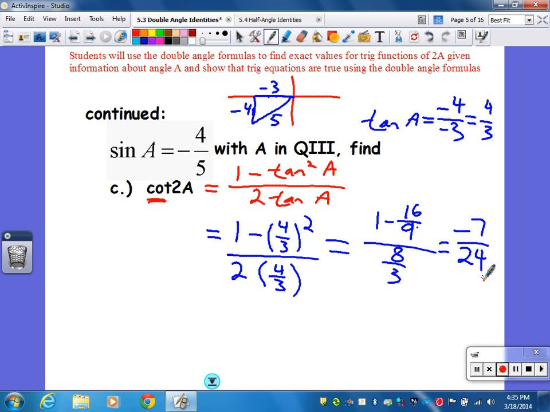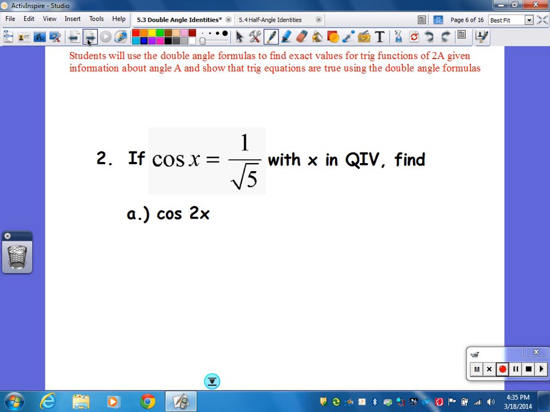Okay, so let's keep moving. New one here. So we have cosine x equal to 1 divided by the square root of 5 with x in quadrant 4. So now we want to find cosine 2x. Well, once again, with cosine, we need to know what cosine x is. So looking at the formula sheet, we have cosine 2x is equal to 2 cosine squared x minus 1.